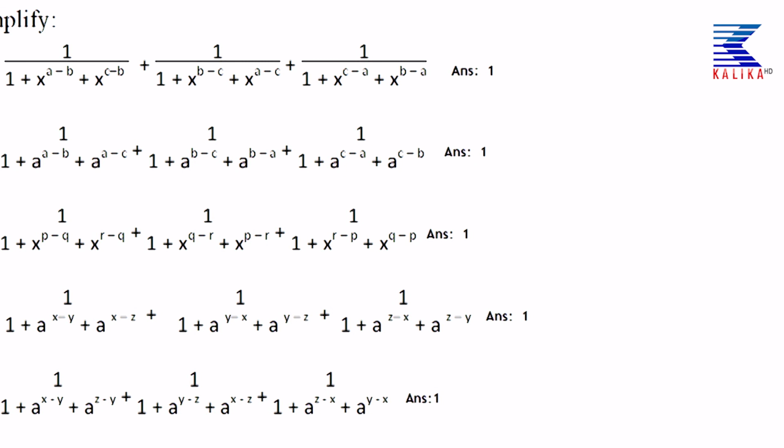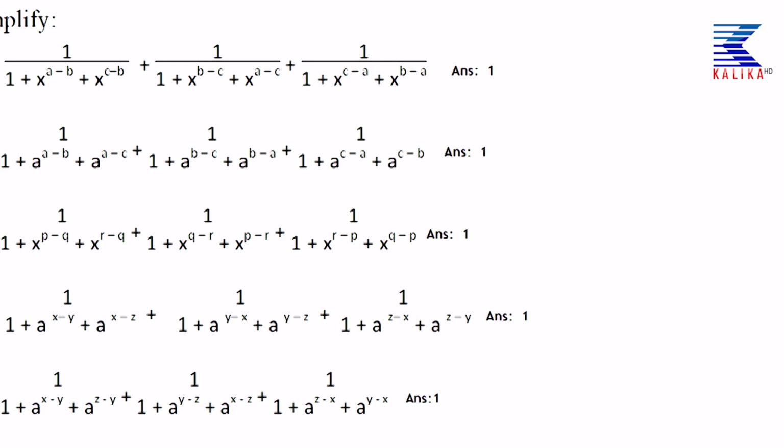Model 6, number 1. 1 upon 1 plus x to the power a minus b plus x to the power c minus b, plus 1 upon 1 plus x to the power b minus c plus x to the power a minus c, plus 1 upon 1 plus x to the power c minus a plus x to the power b minus a.